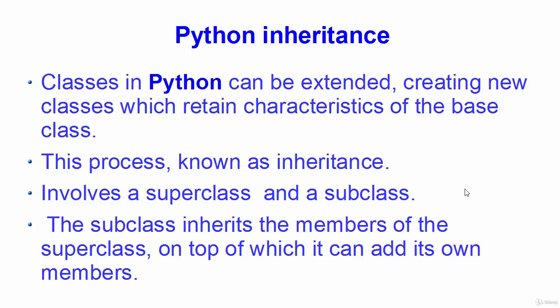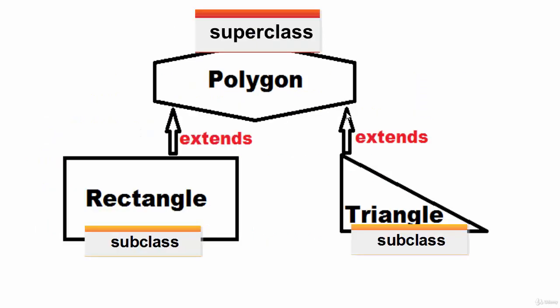Now, if inheritance sounds a little confusing to you, let me give you an example. I said in inheritance, there are two types of classes: one is a superclass and the other is a subclass. In this example, I have taken polygon as a superclass and two classes, rectangle and triangle, as the subclasses.